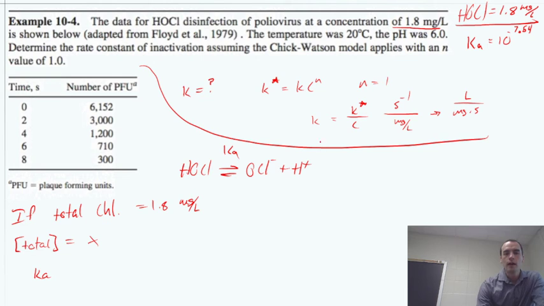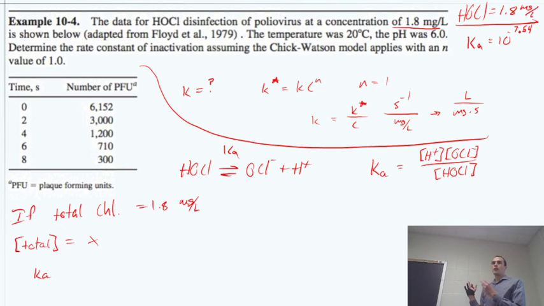And anytime we have an equilibrium equation like that, we say the equilibrium constant is equal to the products over the reactants, right? So in this case, we would say that would be H plus times OCl minus. So there's the products made in this reaction divided by the reactants, which would be simply HOCl dissociating. So with that, the 10 to the minus 6 comes in when we put in for H plus.